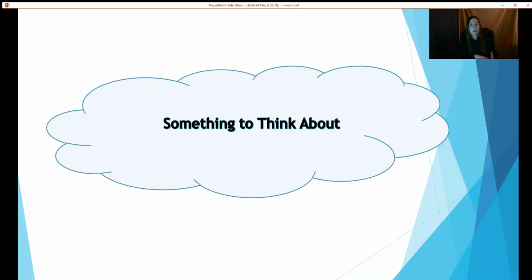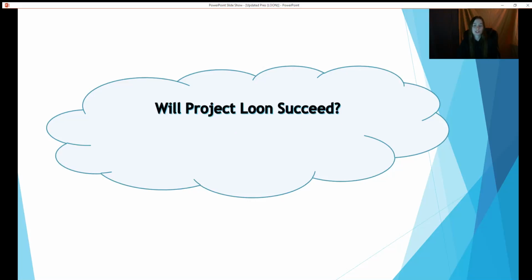Something to think about with all of this is, will Project Loon succeed? An obstacle to consider is that you have a balloon that provides internet with no borders. Potentially, it's going to fly all over in the stratosphere to different countries.